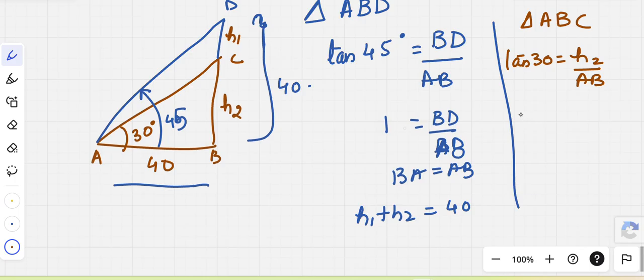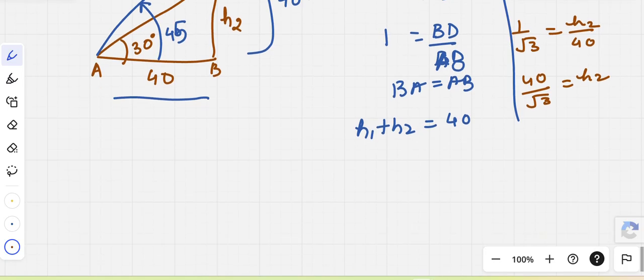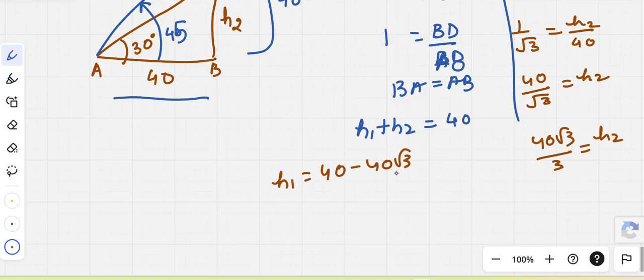How much is tan 30? 1 by root 3. AB is 40, so 40 by root 3 equals H2. Now we can make it as 40 root 3 by 3 is H2. So what's H1? H1 equals 40 minus 40 root 3 by 3. Is that correct? Yes, ma'am.